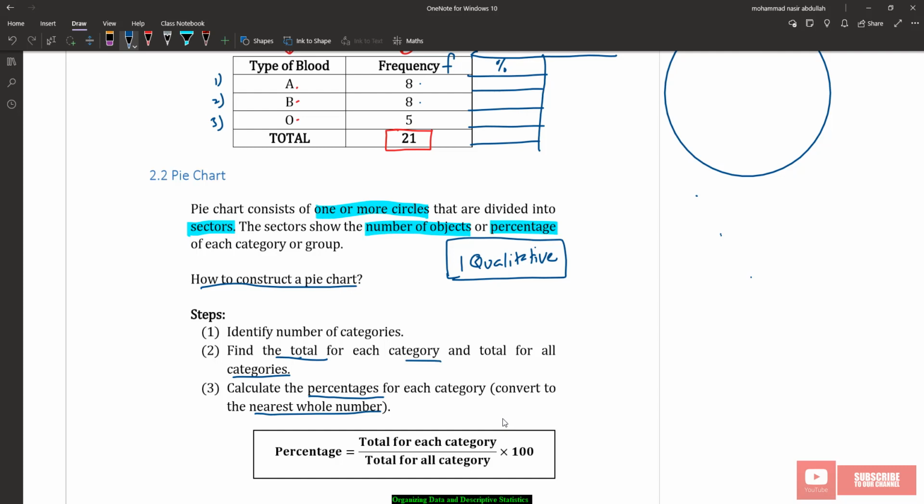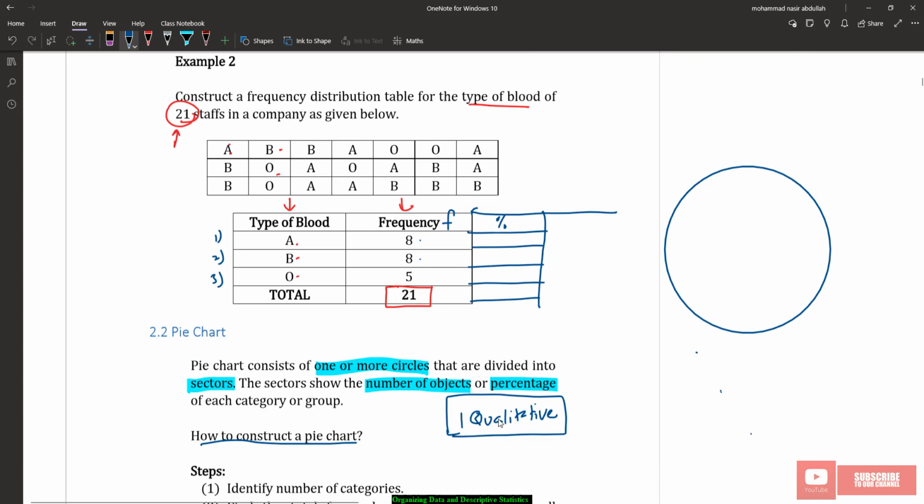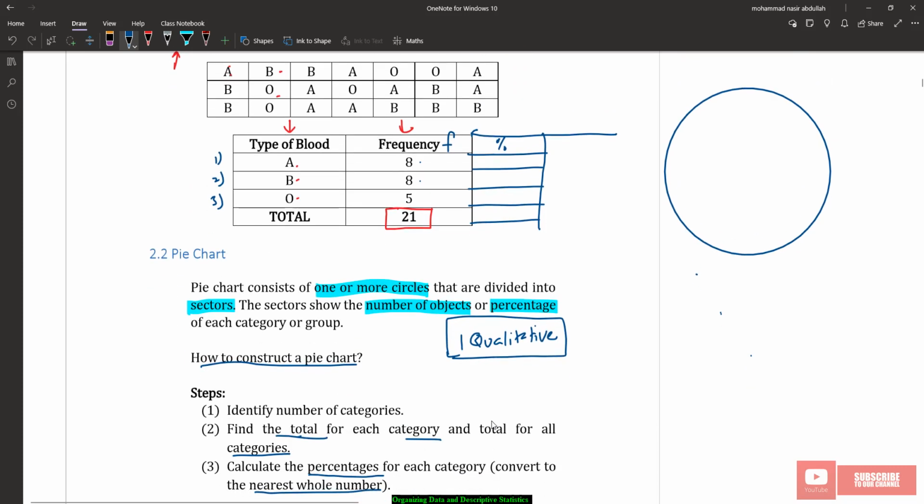It's the same concept as relative frequency, and we need to multiply by 100%, right? So 8 divided by 21 multiplied by 100 should be equal to 38.10.